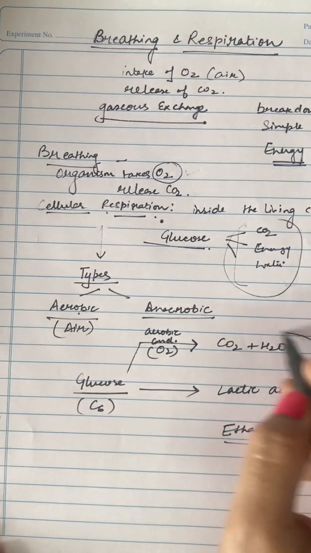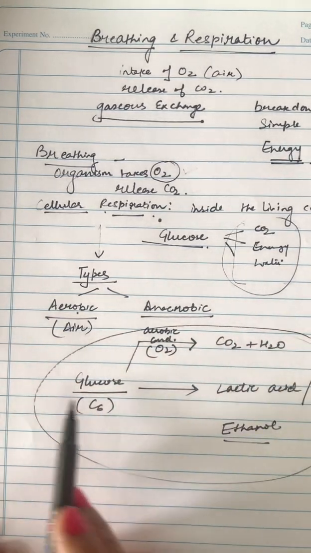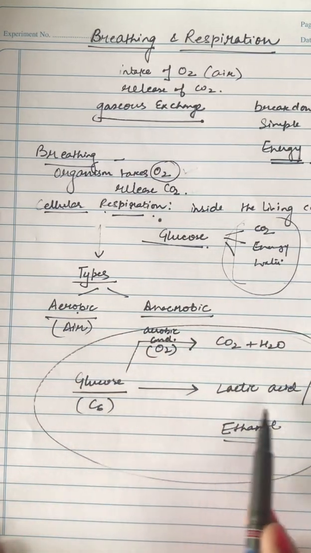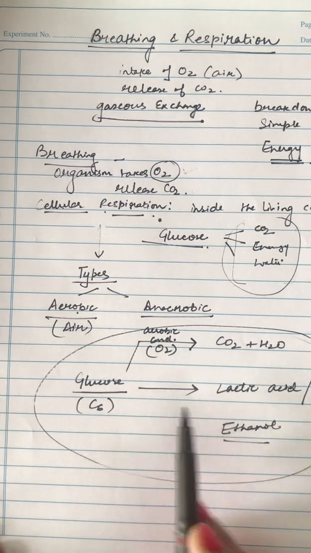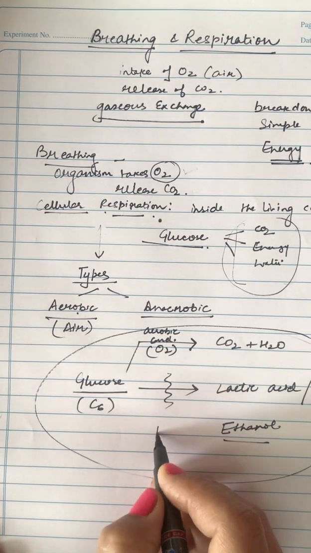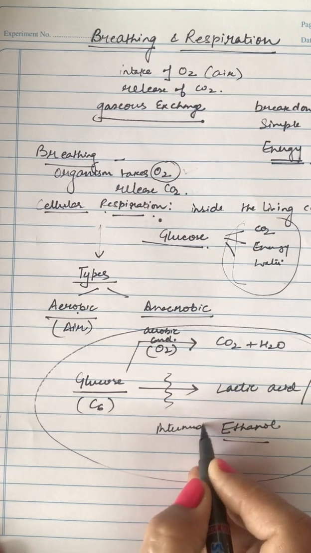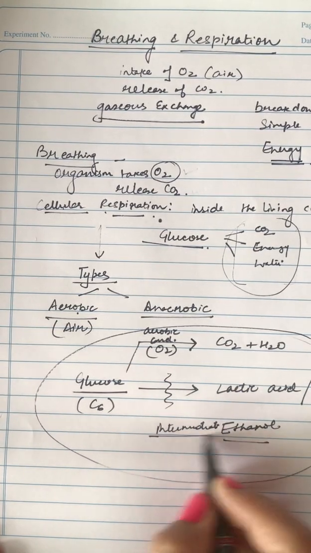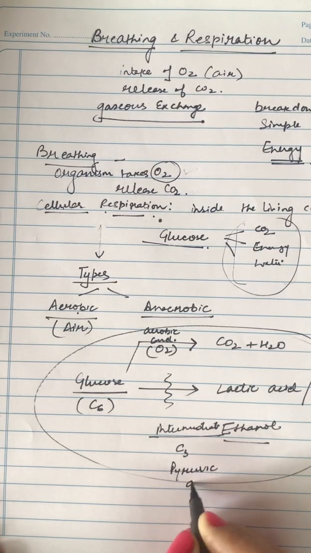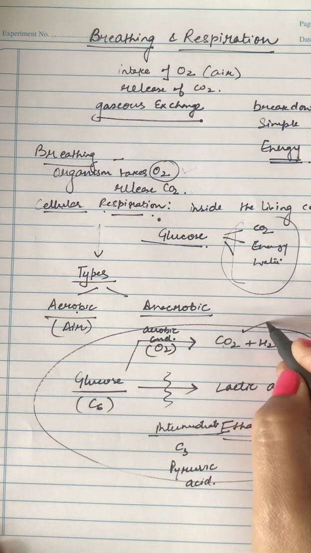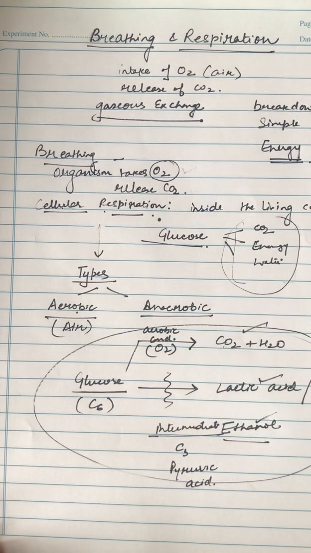But what do we think? That this process takes place directly the way it is written? No. Glucose is first converted into an intermediate known as C3 compound, pyruvic acid, and then these end products are formed.